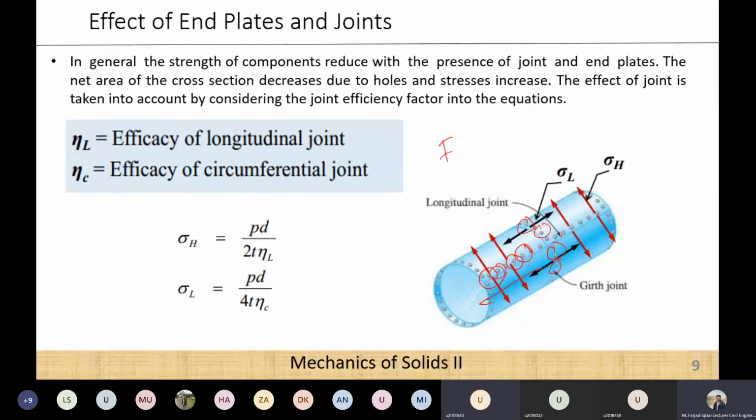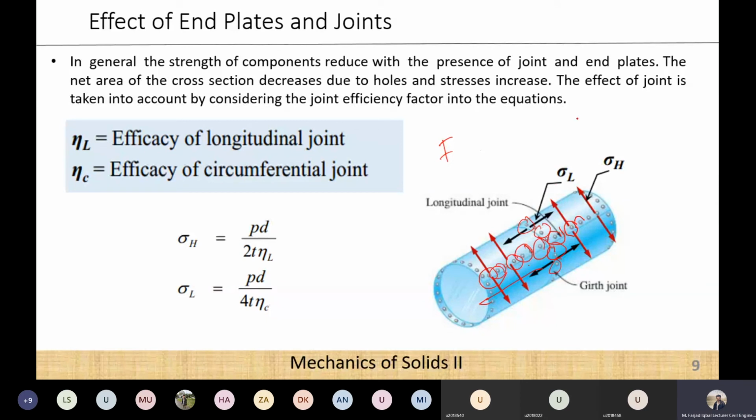Actually, you might have observed that in the case of cylindrical sections, there are different plates which are connected with each other to make a cylindrical shape using some kind of joints. So when you provide the joints in the cylinder, you have to make small holes in the plate to insert the bolts or the joint. So what will happen? When you make the hole, the cross section or the area of the sheet will reduce.